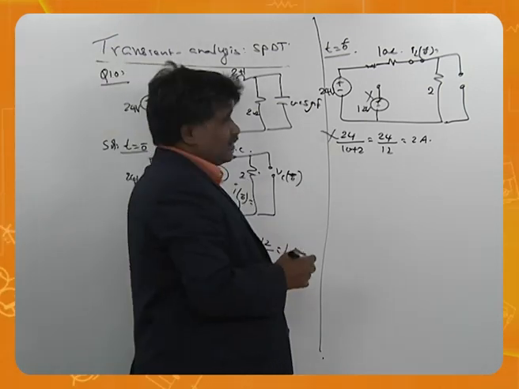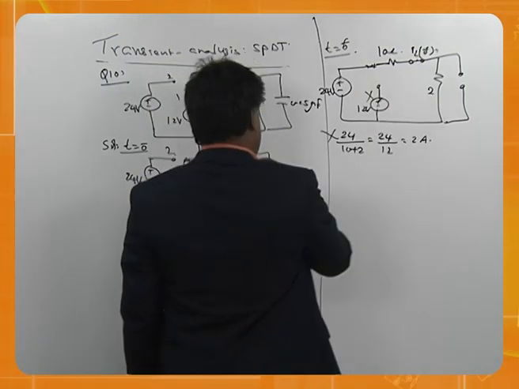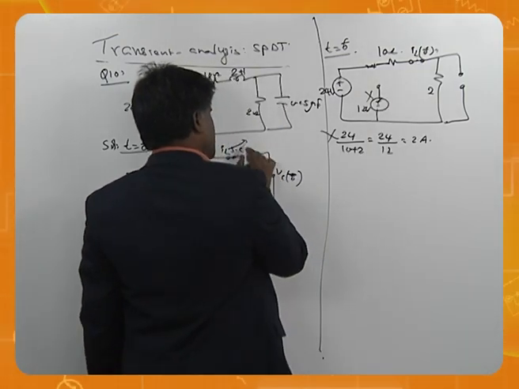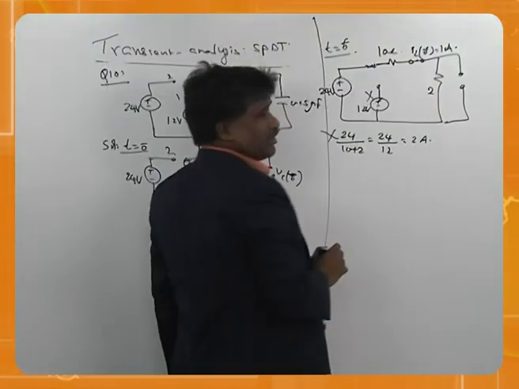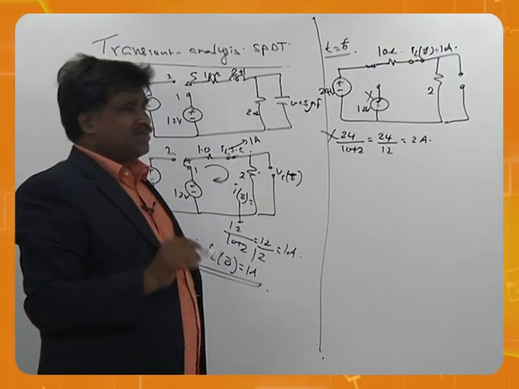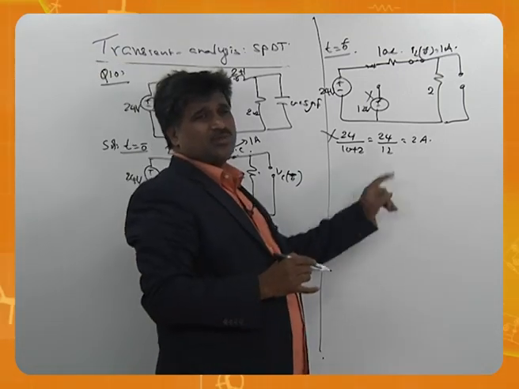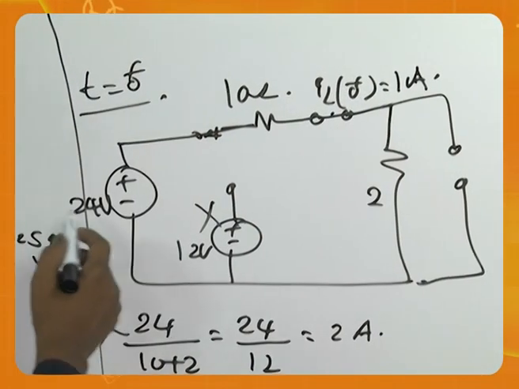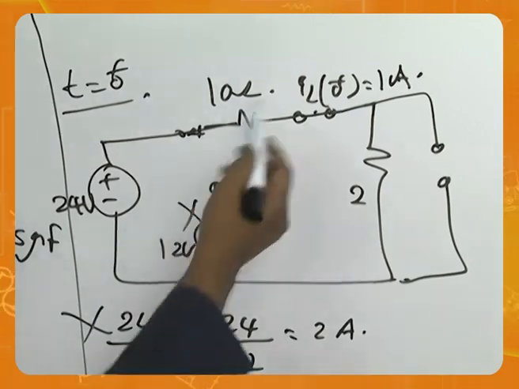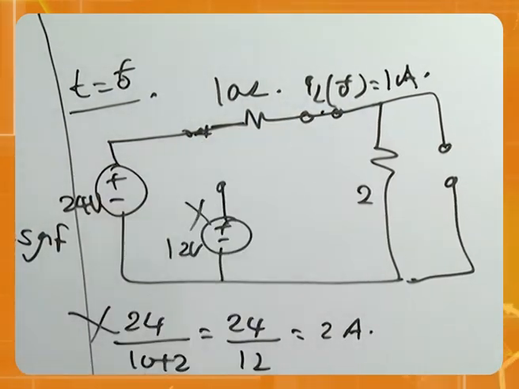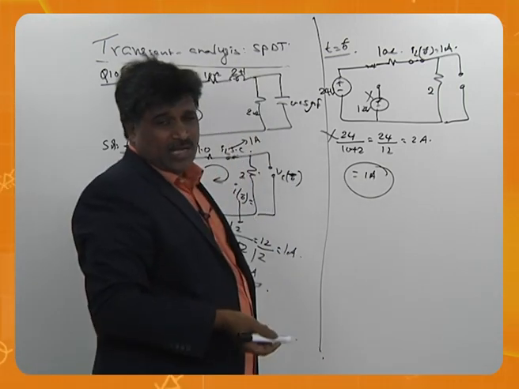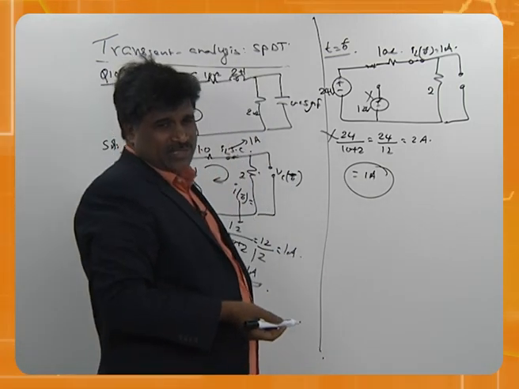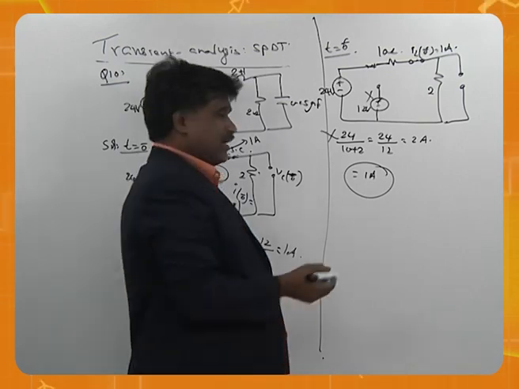Why? Because inductor does not allow any change. This current is 1 ampere. This current should also be 1 ampere. So, the examiner is tempting you to say 2, but don't say 2. Because actually according to calculations it is 2, but according to the rule that current cannot change instantaneously across an inductor, the answer is 1. 1 means, according to our options, A is the option.